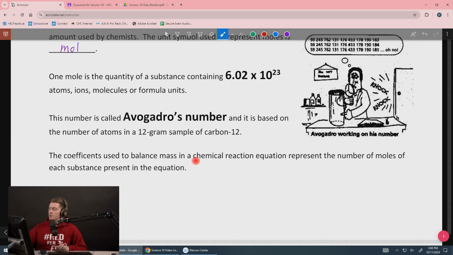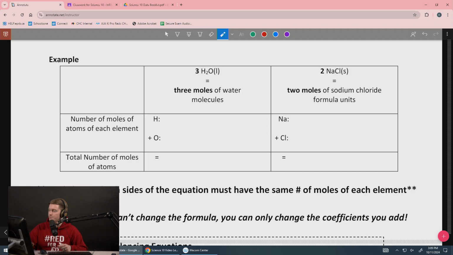The coefficients used to balance mass in a chemical equation represent the number of moles of each substance present in the equation. If you're on the InReach Google Classroom, there are some good videos, or if you just Google the TED Ed, how big is a mole, it will explain the number well. For Science 10, what you need to know is that it's a very large number. Because molecules are so small, we can only measure them noticeably without the use of incredible equipment by weighing them in these groups, these massive amounts of molecules.